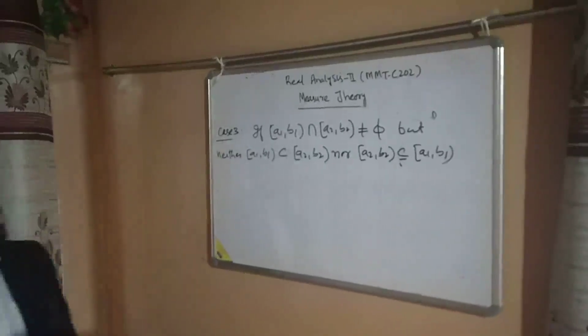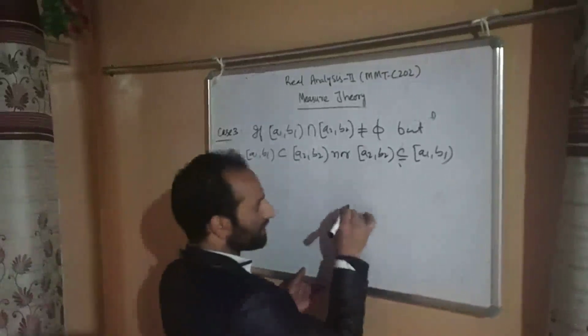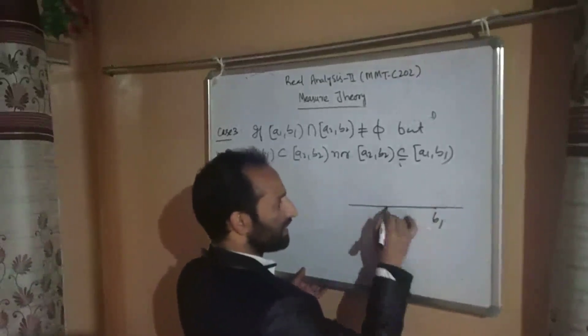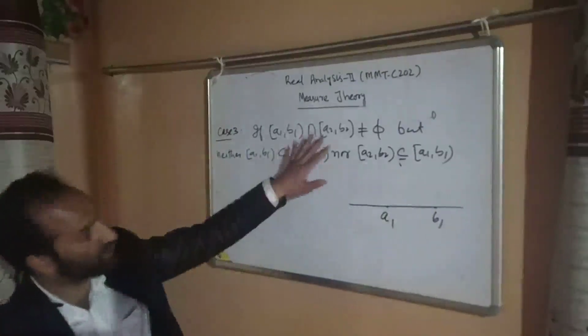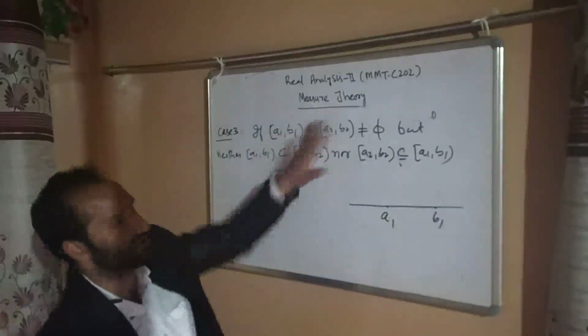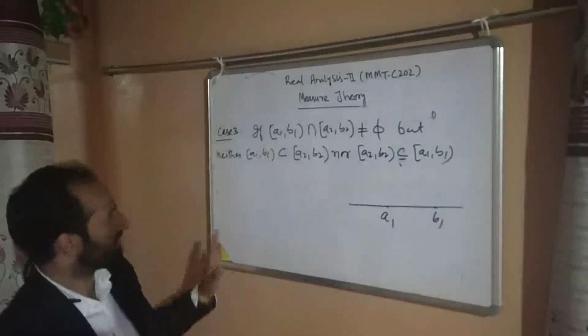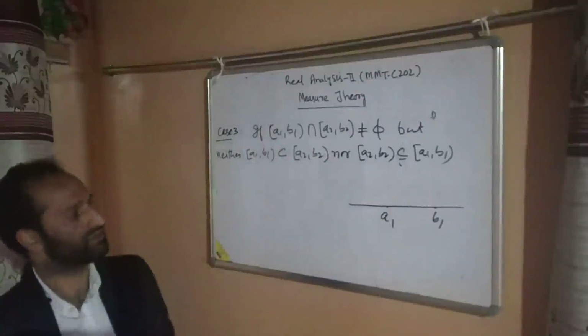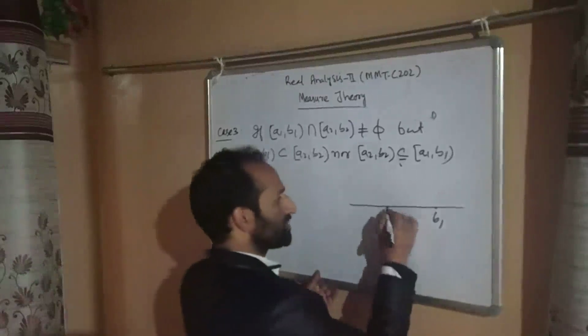This is case 3. In this case, the situation is like this. It's A1 B1, and it intersects with A2 B2 because the intersection is non-empty. They are not disjoint. And at the same time, neither is A1 B1 a subset of A2 B2, nor A2 B2 a subset of A1 B1. So therefore, the situation must be like this.